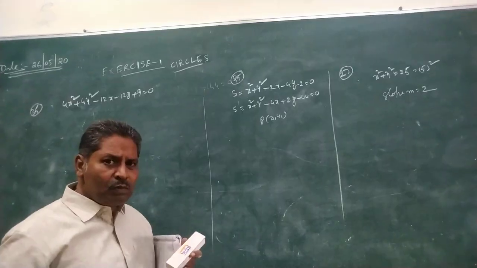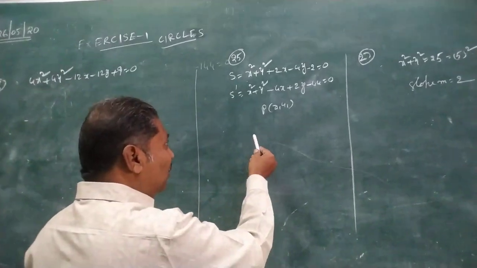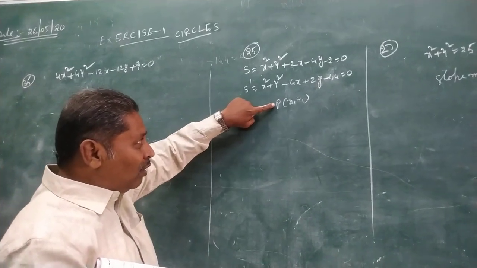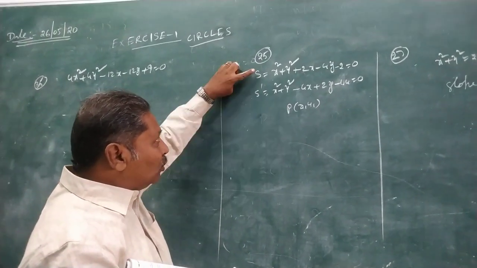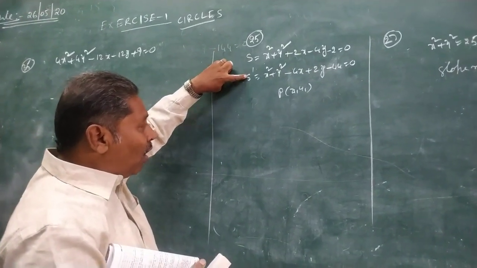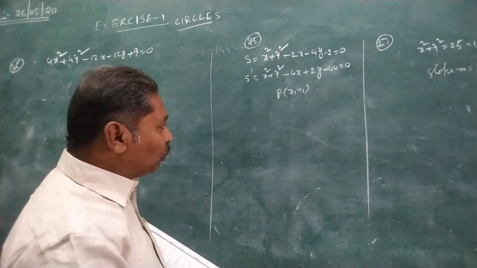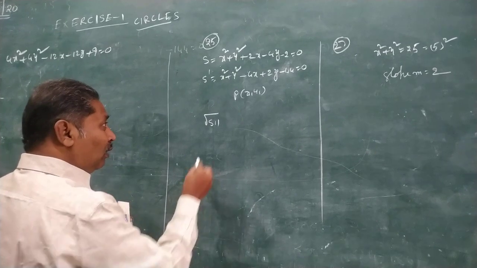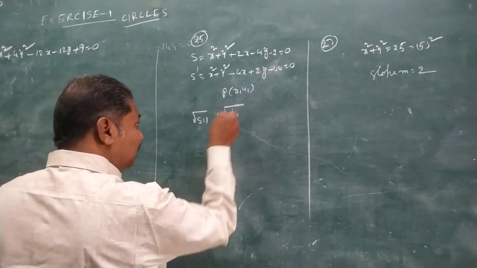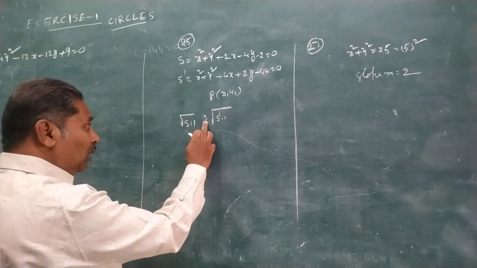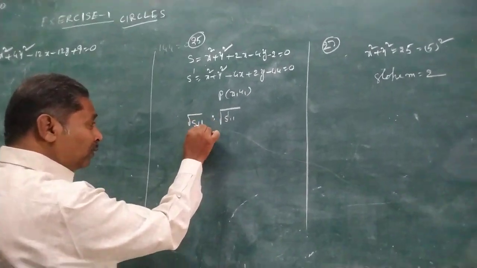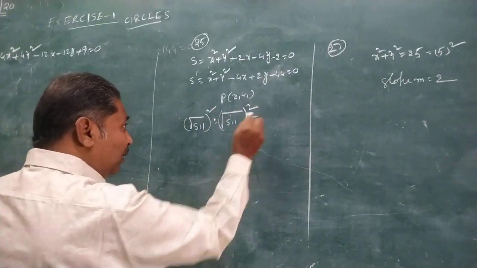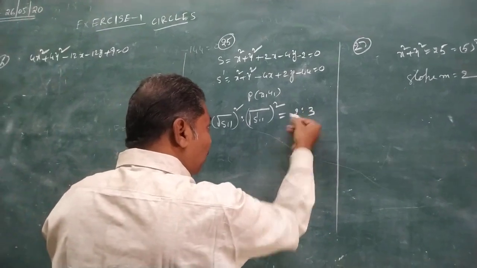Next, given the ratio of the lengths of the tangents from P to S and S dash is 2:3. So the length of the tangent S11 is to S dash 11; the ratio of the squares of the lengths of the tangents is in the ratio 2:3.